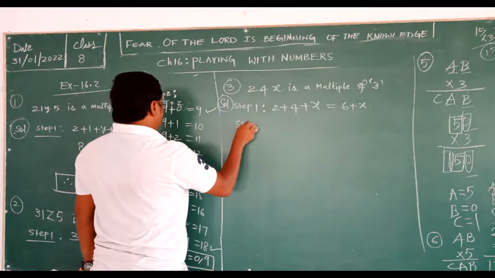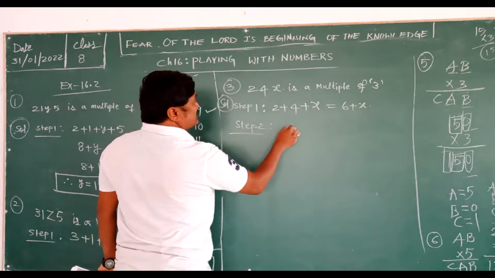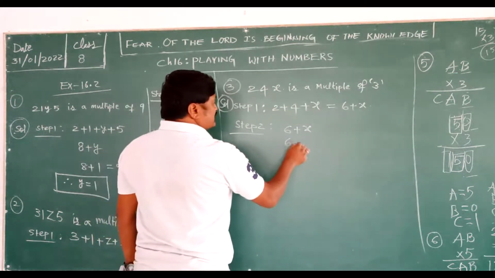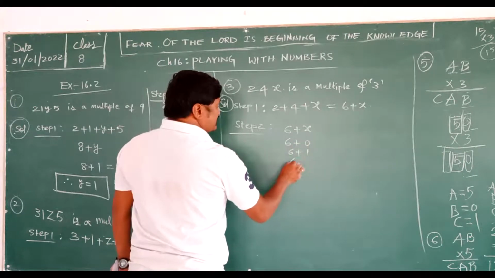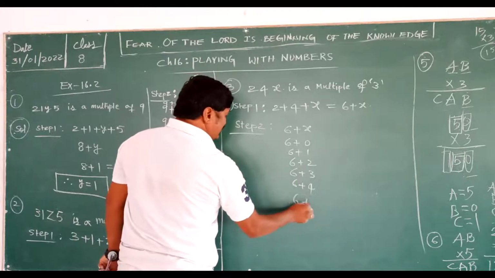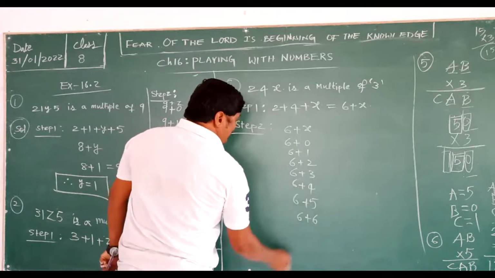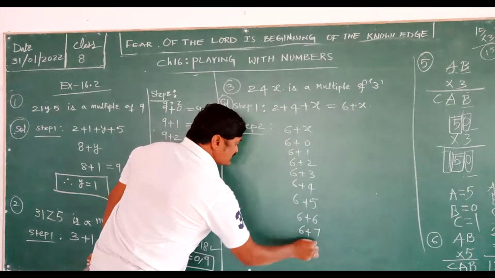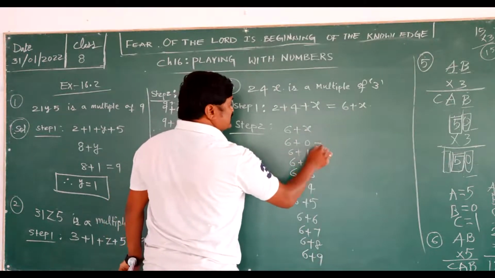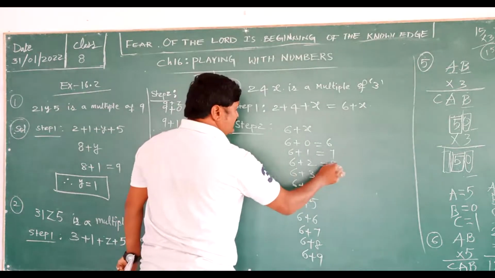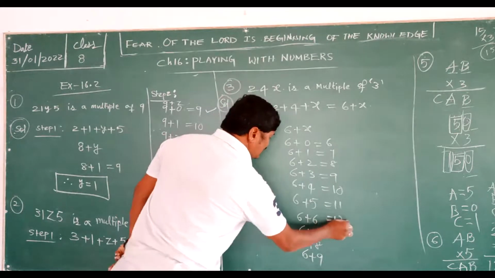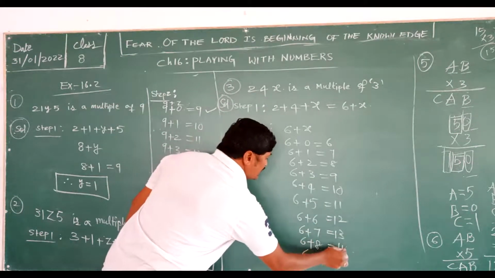And now step 2, first write 6 plus x, then write all the digits. 6 plus 0, 6 plus 1, 6 plus 2, 6 plus 3, 6 plus 4, 6 plus 5, 6 plus 6, 6 plus 7, 6 plus 8, 6 plus 9. Let's check the numbers. 6, 7, 8, 9, then 10, 11, 12, 13, 14, 15.